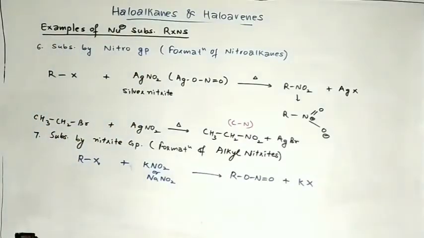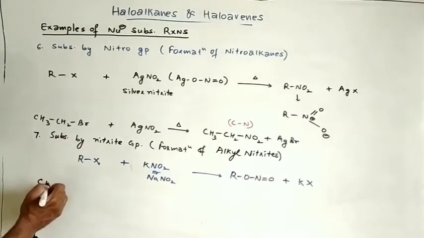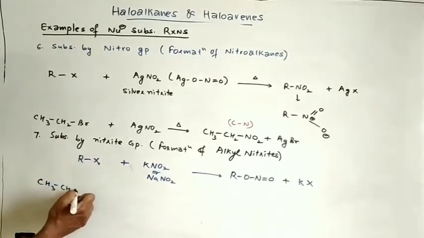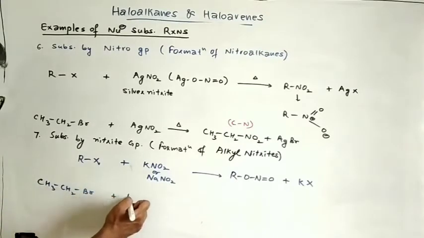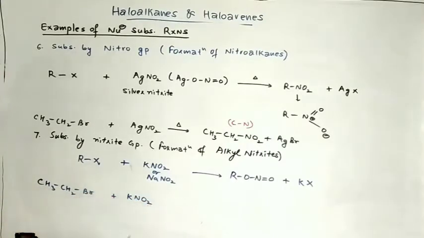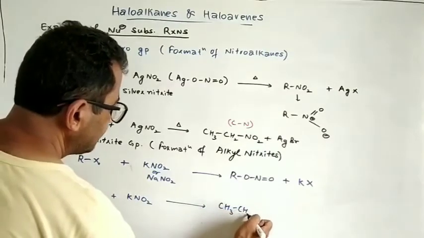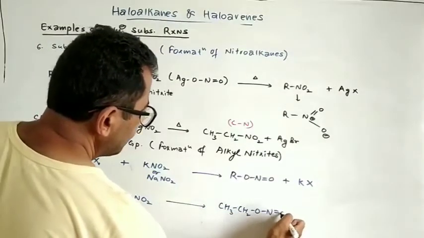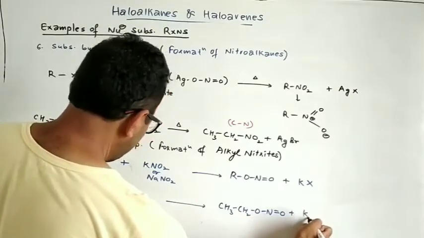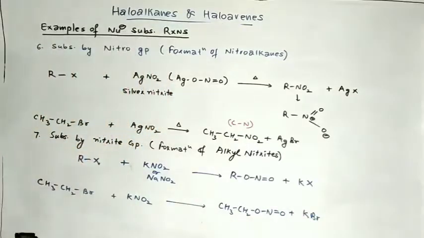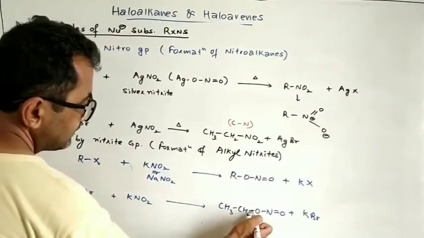So let's take one example. Suppose we start with ethyl bromide treated with KNO2 to form CH3CH2ONO plus KBr. Now see here, which new bond is formed?